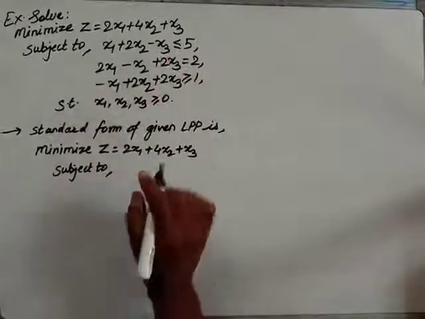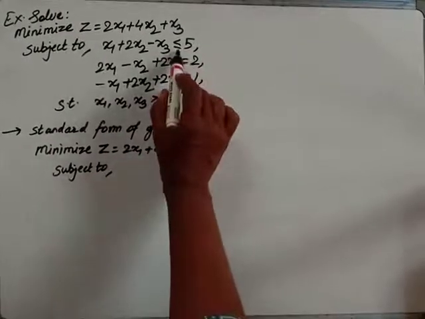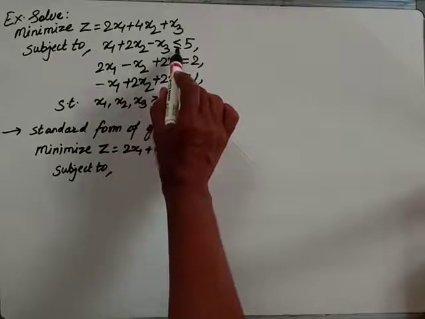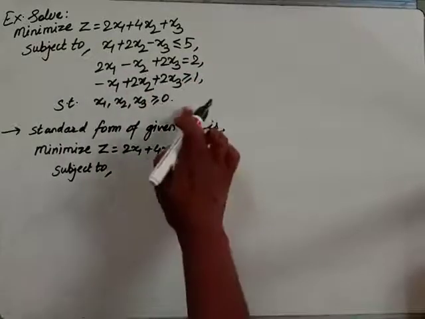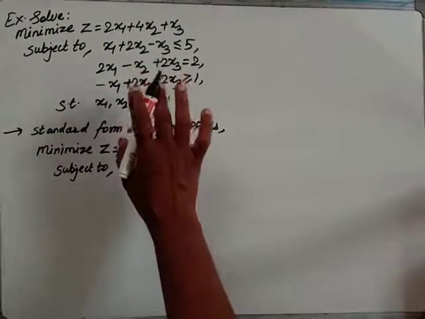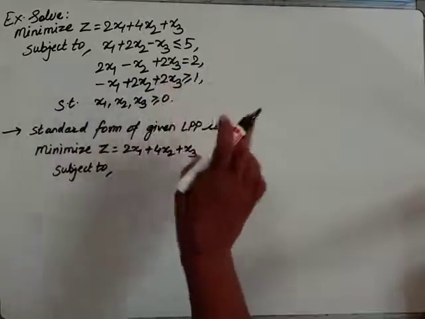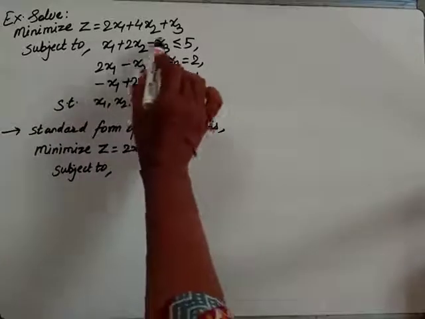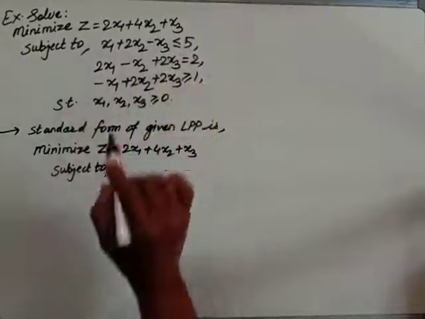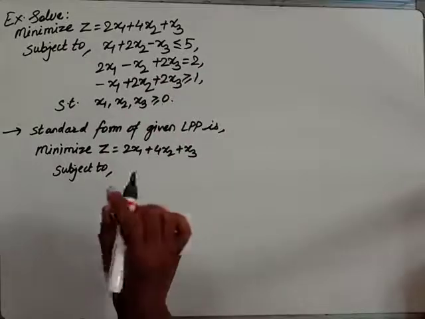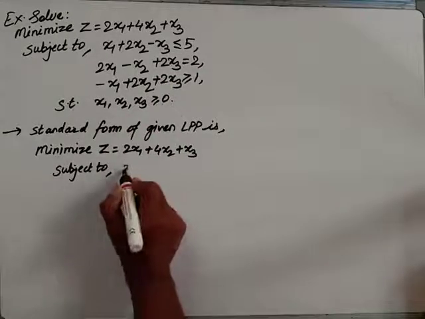Now here we need equality. The first one is a less than or equal type constraint, so it requires a slack variable. We need to add a positive quantity on the left hand side so that it becomes equal, since this left hand side is less than 5.